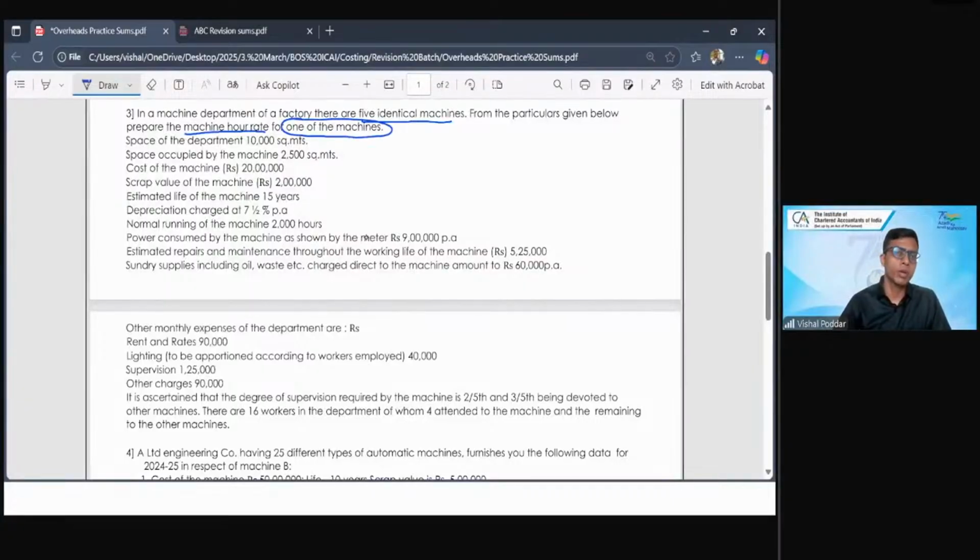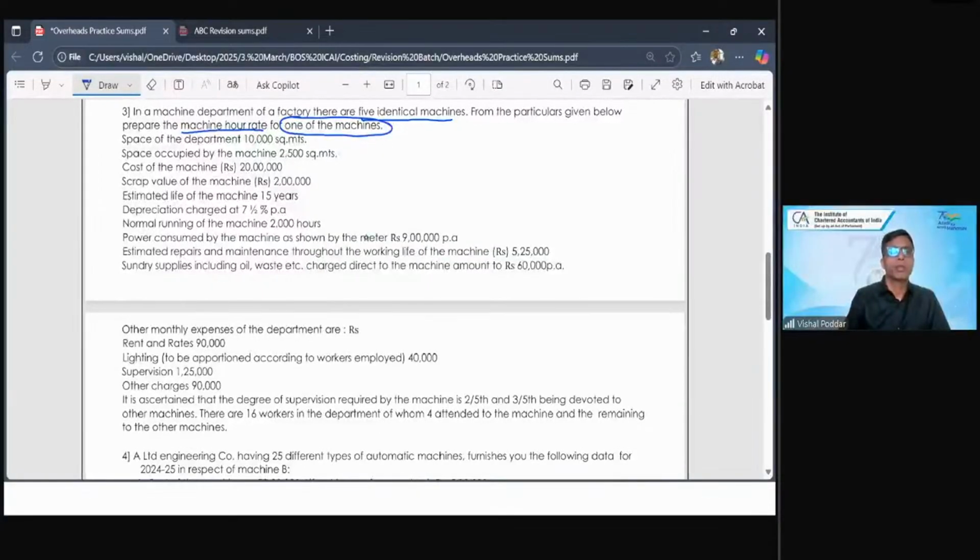Whether you do it for one or for 5, the machine hour rate will be the same because mathematically, if in the numerator the cost is of one machine, the denominator, the machine hours, is also of one machine. If in the numerator the cost is of 5 machines, the denominator, the machine hours, are also of 5 machines. So mathematically, the per machine hour rate will be the same. But as I said, practically, we do it for one machine.